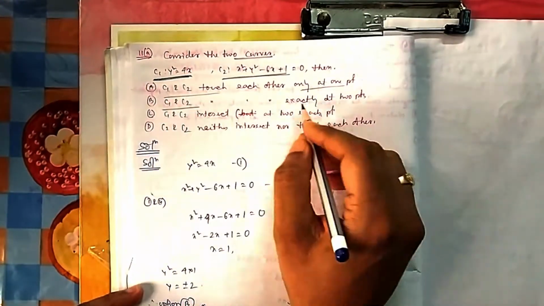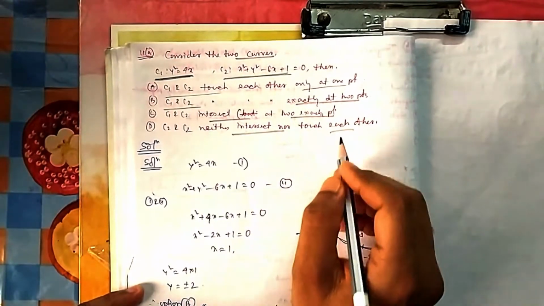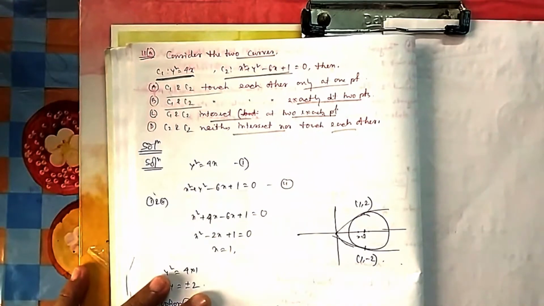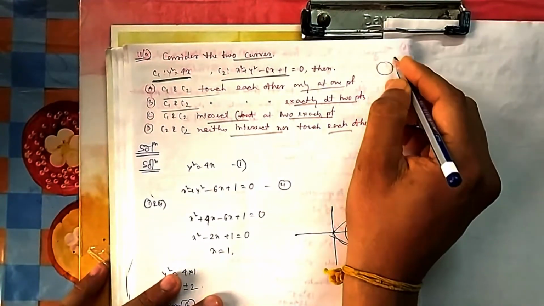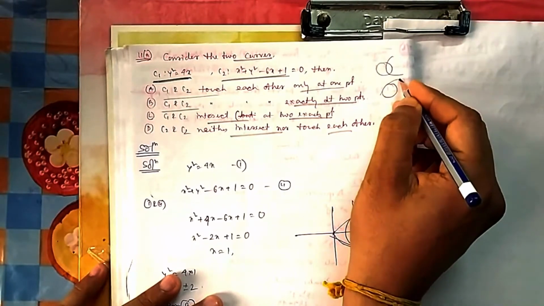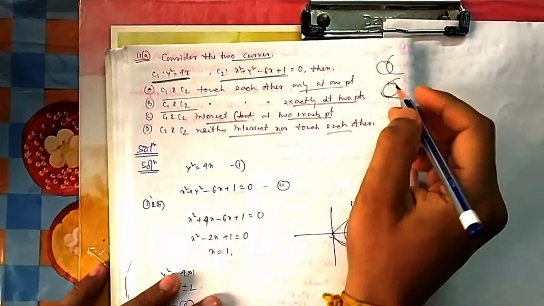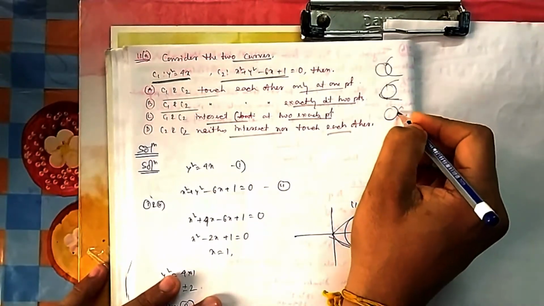The question asks whether they touch at exactly 2 points, intersect at 2 points, or neither intersect nor touch. If you draw a circle and a parabola, it can be of this fashion. So they can touch at 2 points, they can intersect at 2 points, they can touch at a single point.